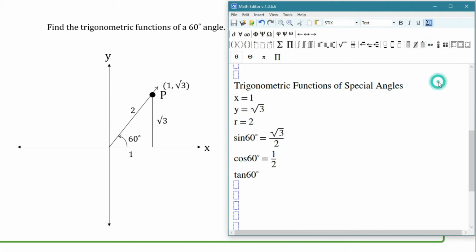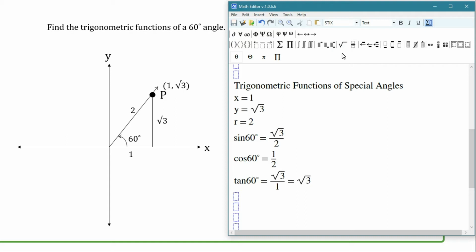The tangent of 60 degrees would be equivalent to ordinate over abscissa. Our ordinate is square root of 3 over abscissa, which is 1. And if we simplify this, the tangent of 60 would be just square root of 3.